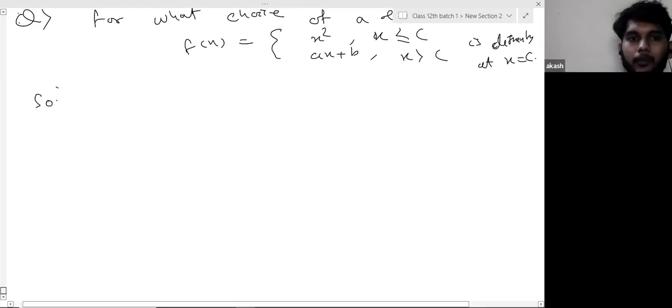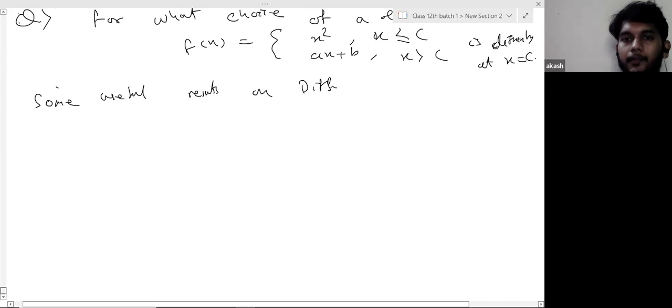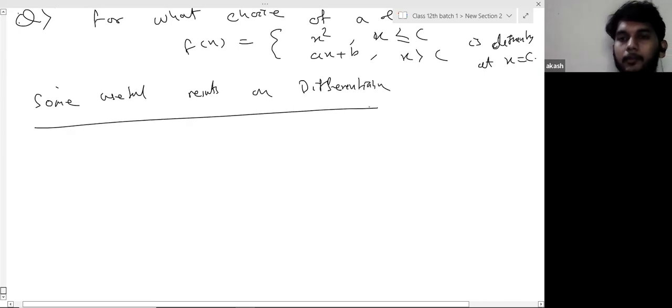Some useful results on differentiability. Why are they useful? Because you can use the information directly while solving questions.